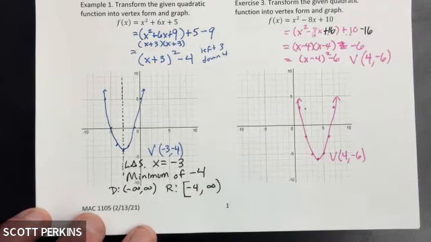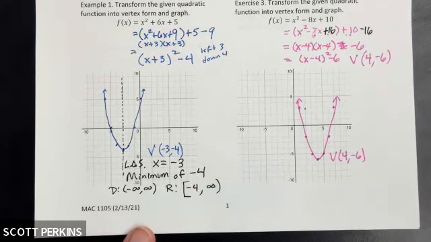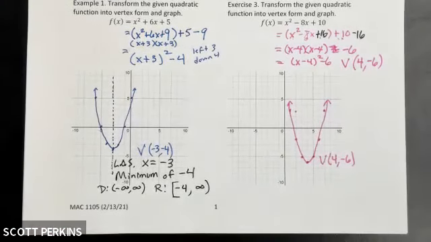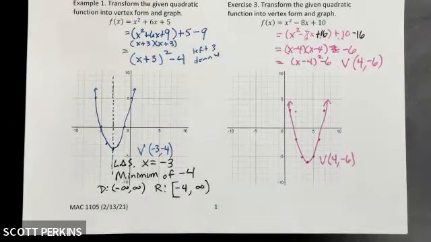And that's the range of this graph right there. So also on the screen, you can see exercise 3. If you do the same thing, underneath the vertex, what's the line of symmetry? Does it have a minimum or a maximum value? And then what's the domain and the range?